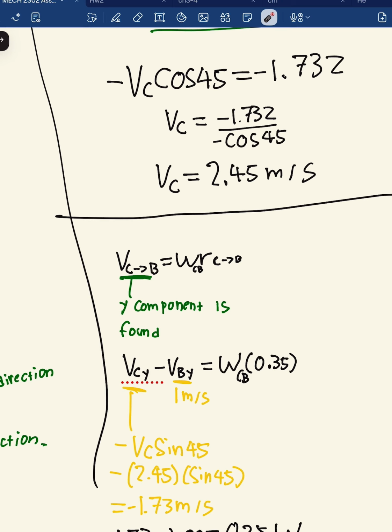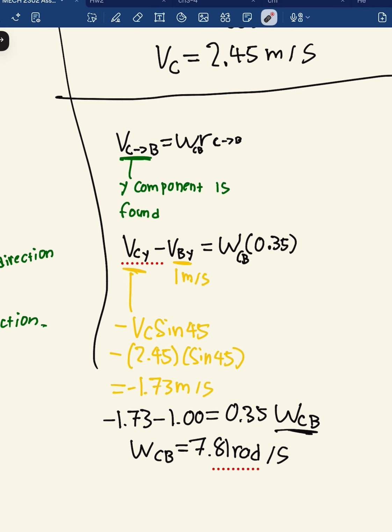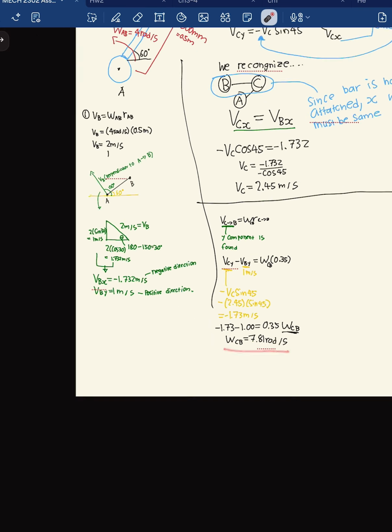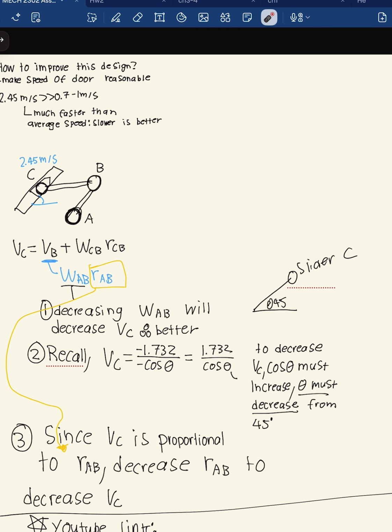Now, y component of velocity c minus y component of velocity b equals angular velocity times radius. And we isolate for angular velocity of c to b, which is 7.81 radian per second.